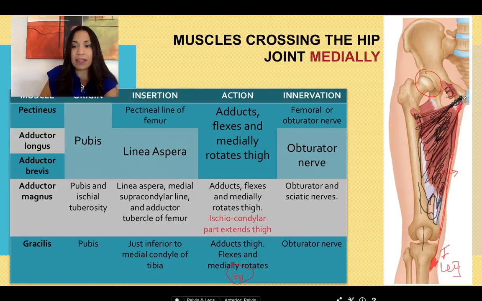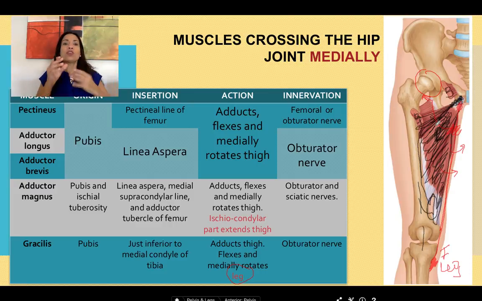So they can flex the thigh and they can adduct the thigh. Adductor magnus is such a big muscle that the anterior fibers can flex the thigh, the entire muscle can adduct, but the posterior fibers can extend the thigh. Okay, so those are the actions of these muscles separately.